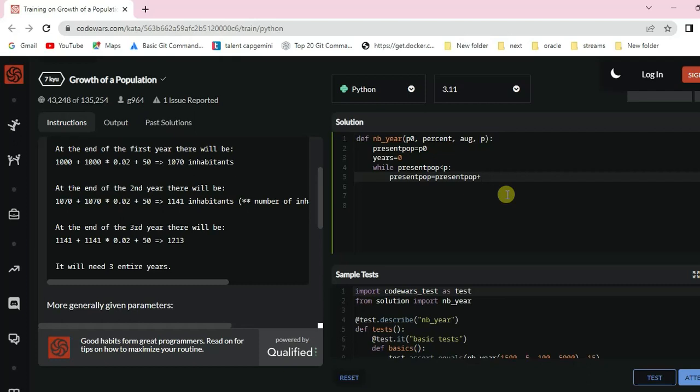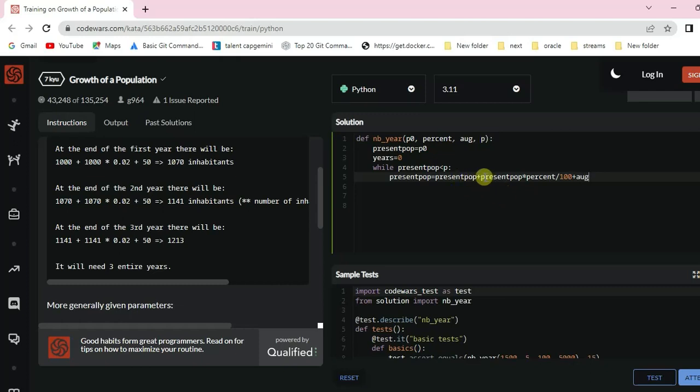After that we are taking present population into percent. Here they give percent. After that percent should be divided by 100. After that I'm adding aug.